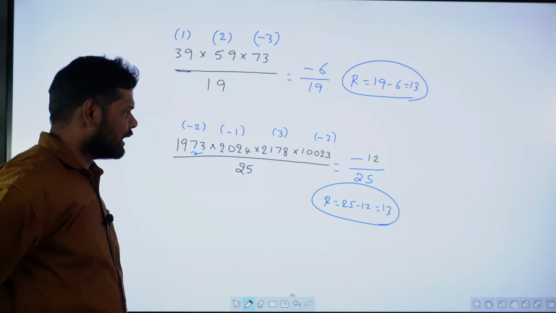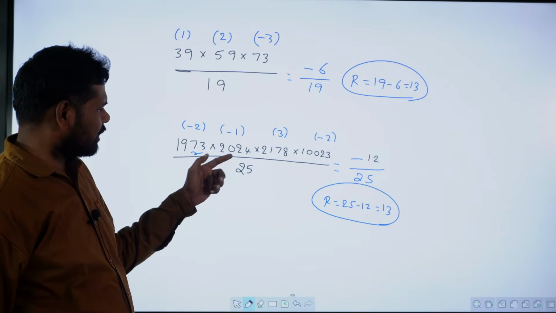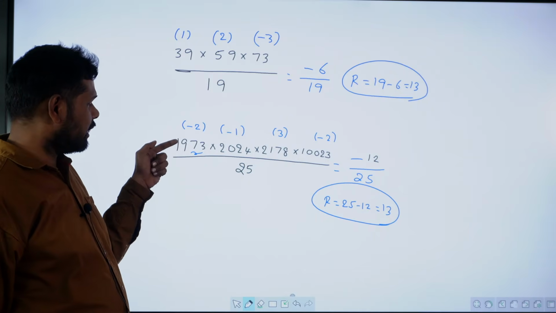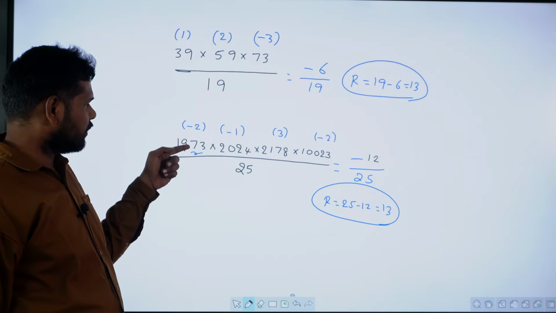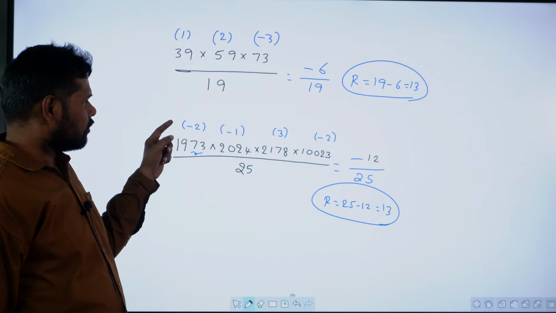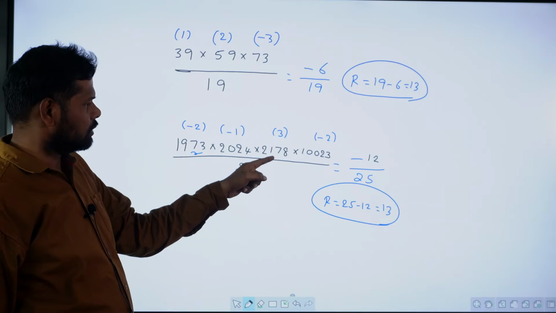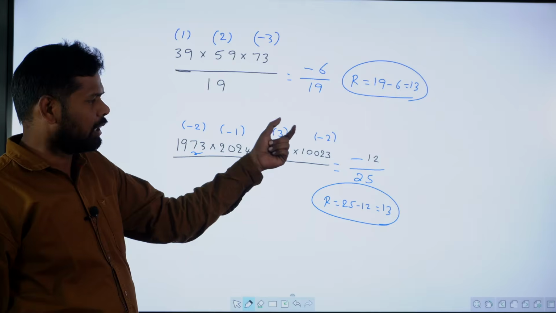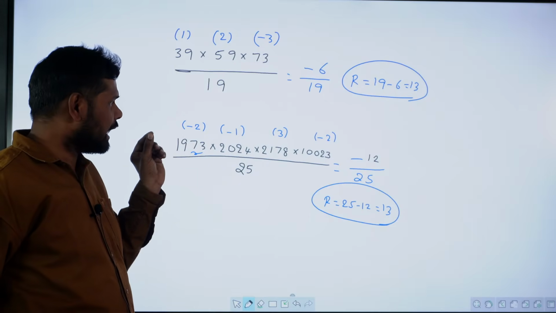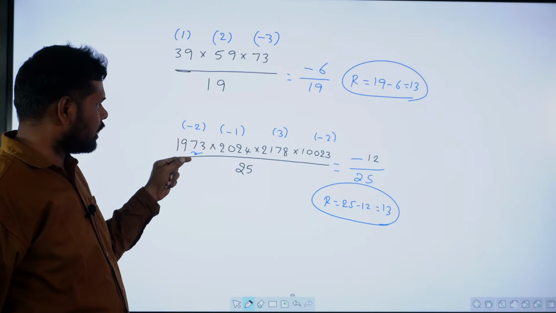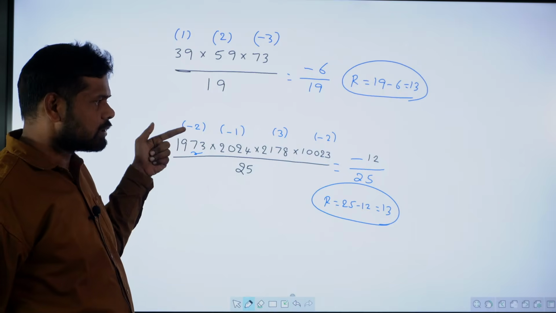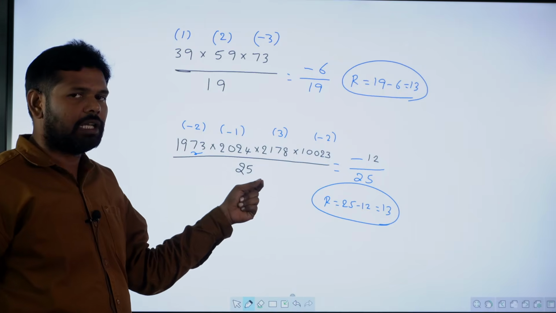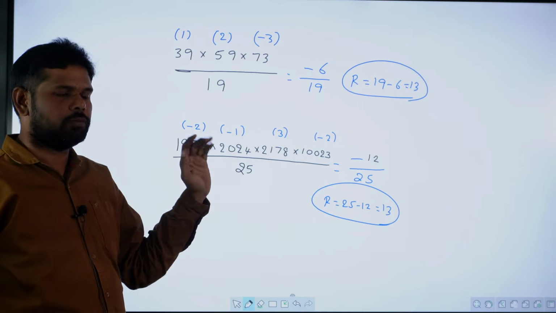Instead of doing it like this, you could multiply all and divide by 25, but how much time will that take? You need to multiply all again. So for easy calculation purpose, we take negative remainders and solve the questions easily and find the remainders whatever they give.